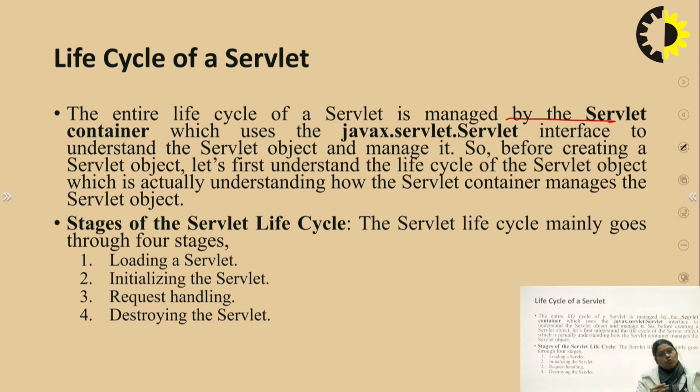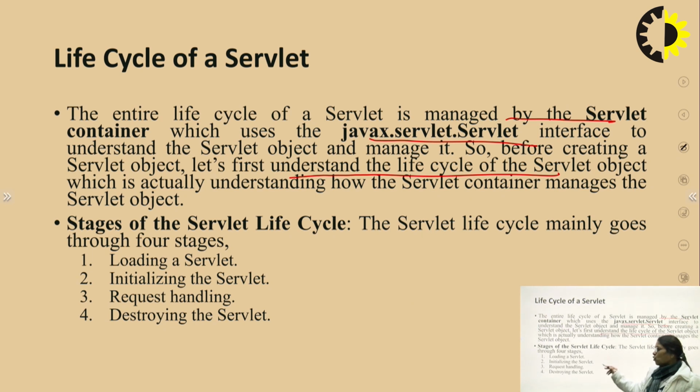The execution of that request is called the life cycle of a servlet. There are four stages in this life cycle. It is managed by the servlet container, which uses the javax.servlet package; we import the package, and the javax.servlet interface understands the servlet object. Let us find out how the life cycle of this servlet works.